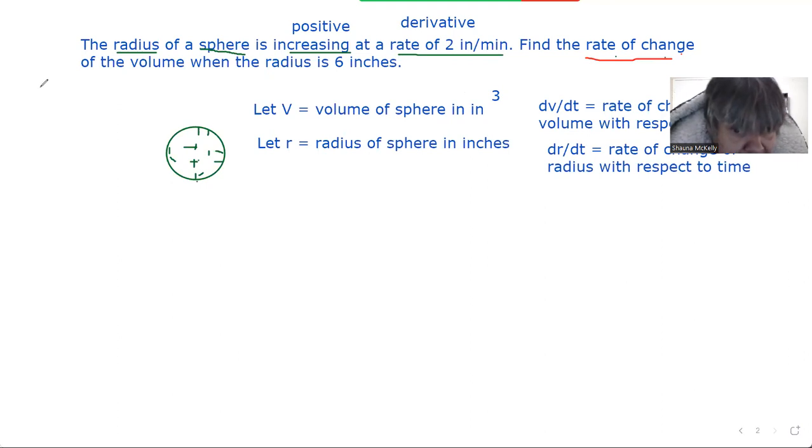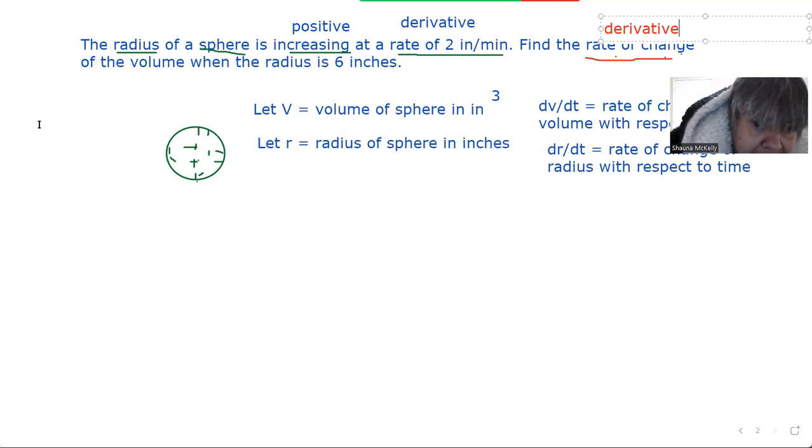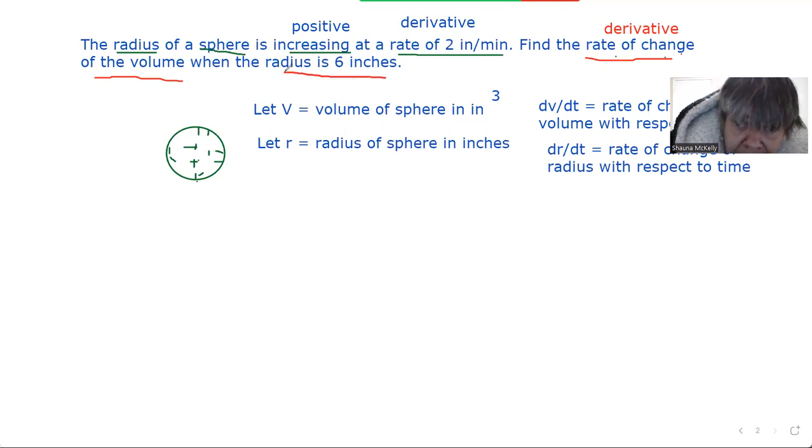Again, this is a derivative, right? So it's the derivative of the volume. Okay, I know how to do that. I have it right here. Derivative of the volume, dV/dt, when the radius is 6 inches.